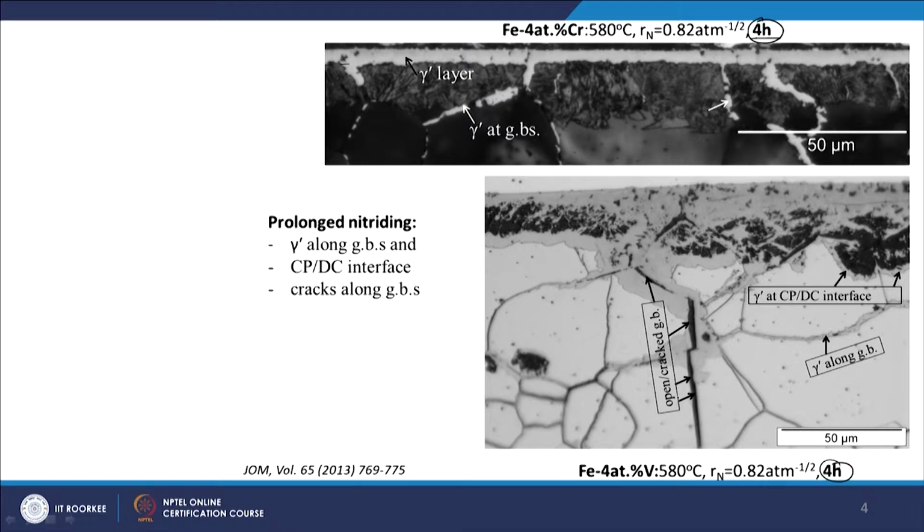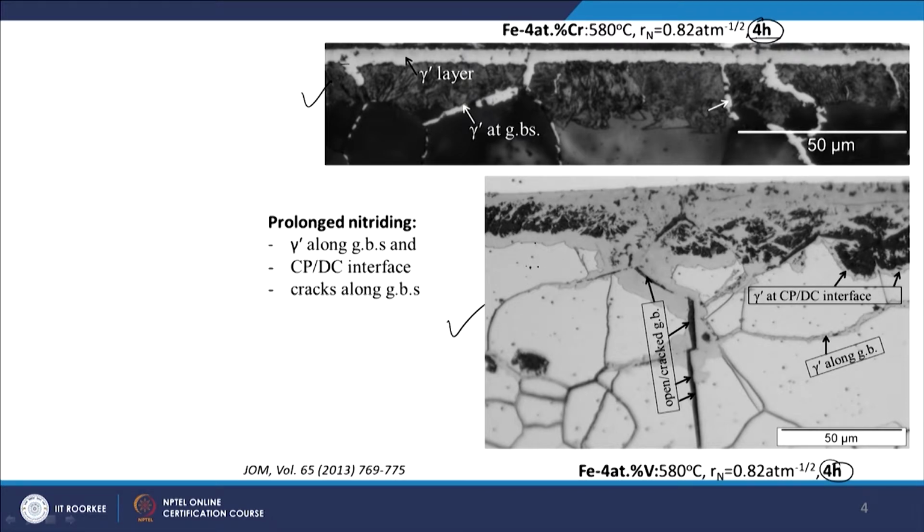Now, another aspect, which I will discuss in more detail in a later lecture: if you compare the iron chromium sample with this iron vanadium, you have an iron nitride layer and then a dark region, and then again a bright region appearing like an iron nitride layer, and below that something appearing as a white region after etching.